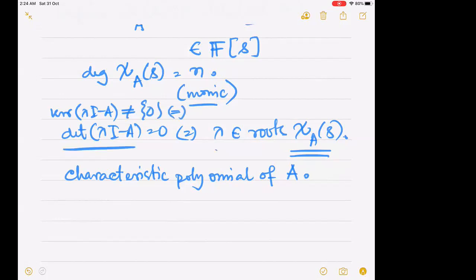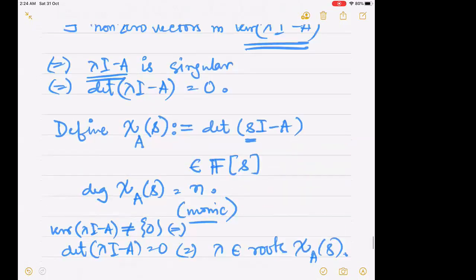So the roots of this polynomial are precisely the scalars at which lambda I minus A becomes singular, and therefore I can find non-zero vectors there, right?